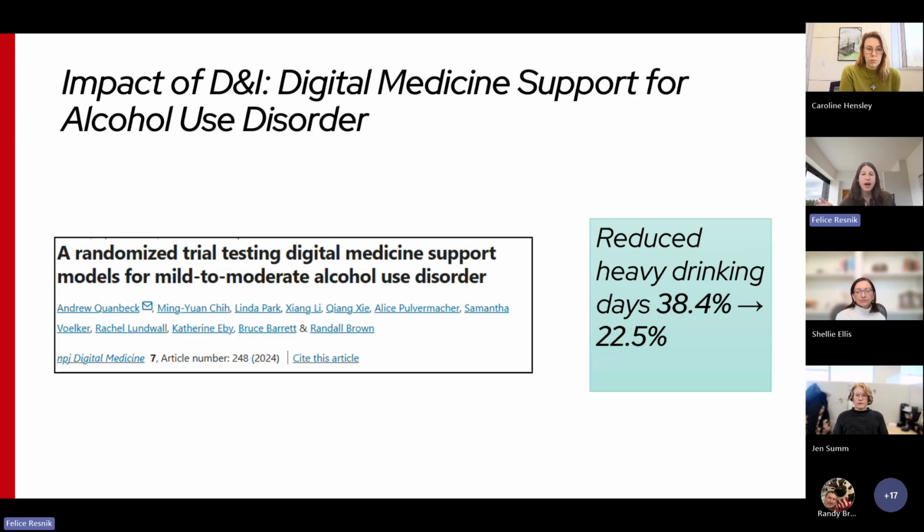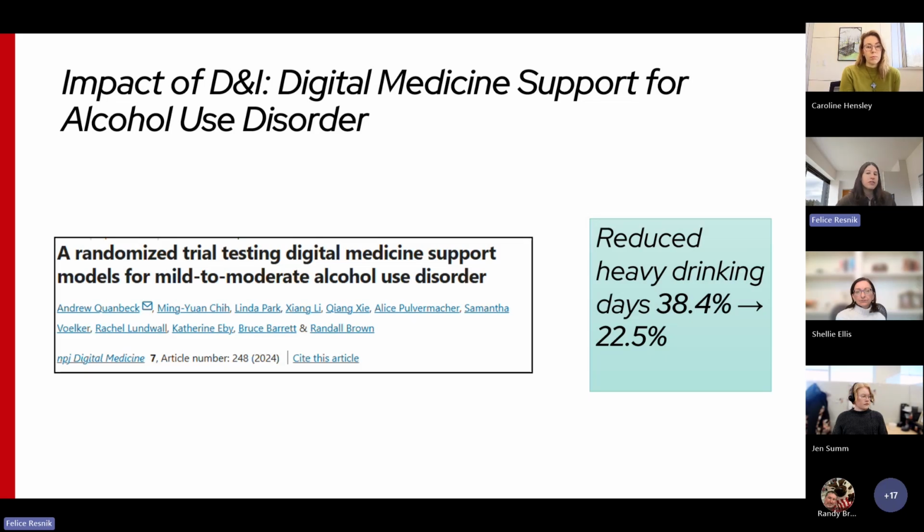And what they found in this hybrid effectiveness trial was that there were different support models that they could use: a self-monitored approach, a peer-supported approach, and a clinically integrated approach embedded in workflows.